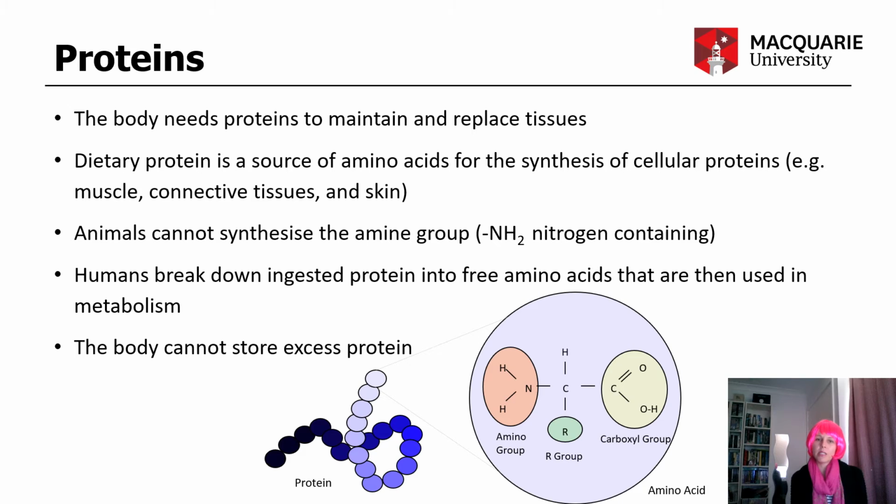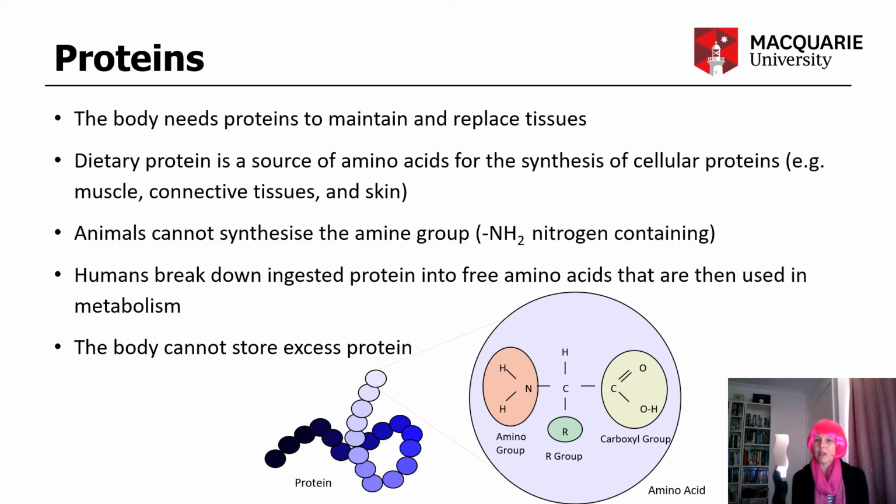So our body needs protein to maintain and replace its tissues. Our tissues are made of protein. So dietary protein is very important, and it's a source of amino acids to synthesize our cellular proteins. So when we undergo DNA transcription and translation, we're making protein. In order to do that, we need amino acids. And we get amino acids from a few places.